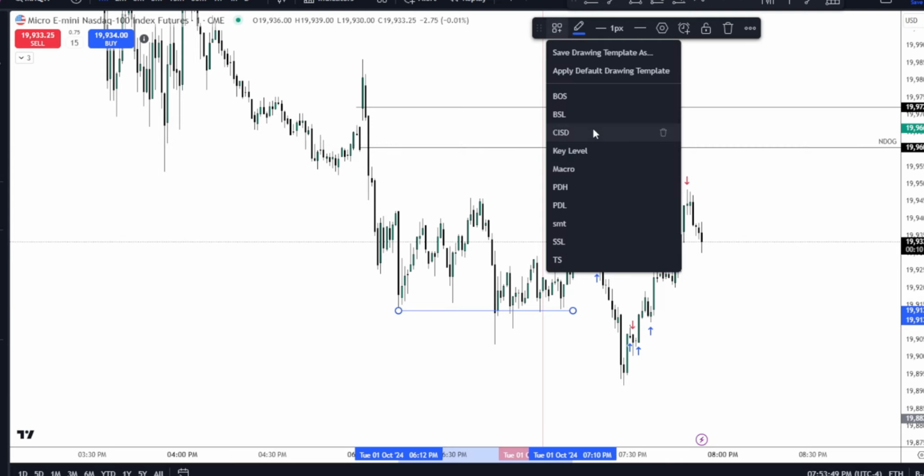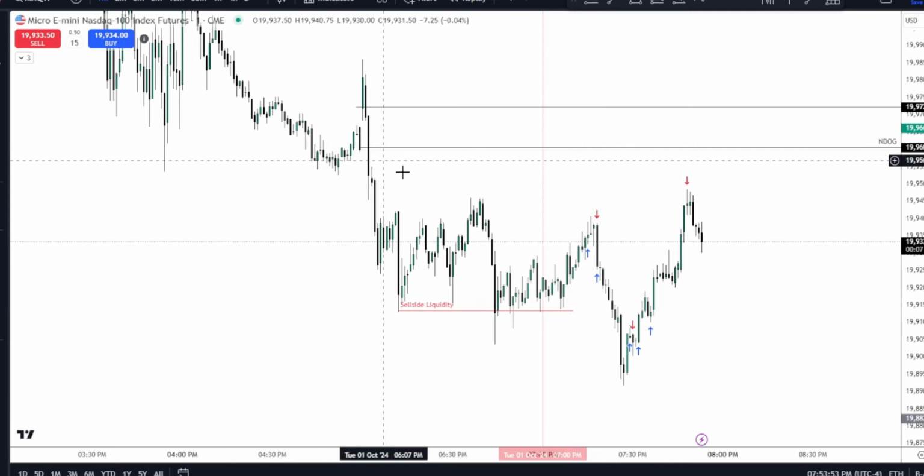So this was my first initial sell side liquidity. Price had tagged it right there at 6:44, but I'm not looking for a setup until 7 o'clock.